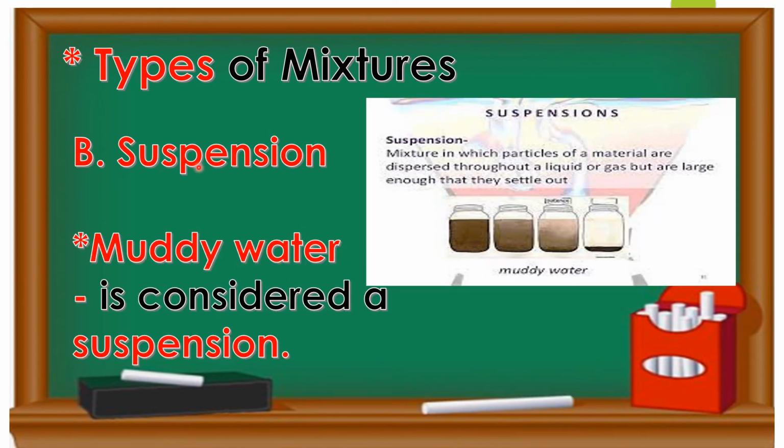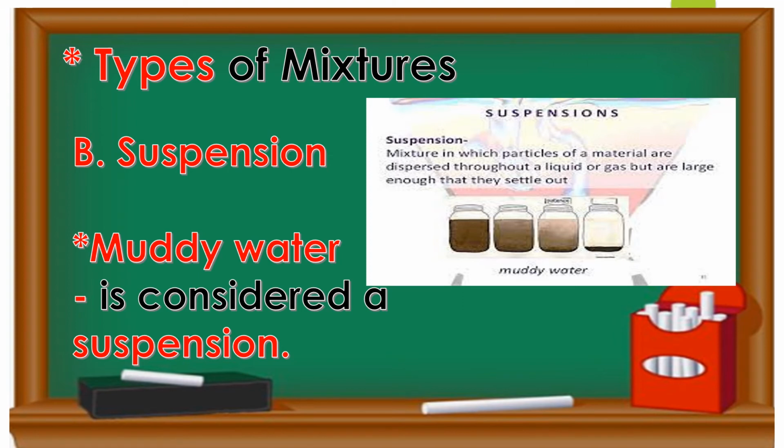Another good example of a suspension is muddy water. So your muddy water is considered a suspension. When you mix mud and water, you put the muddy water inside a container, a bottle, okay, and let the particles of mud go to the bottom.